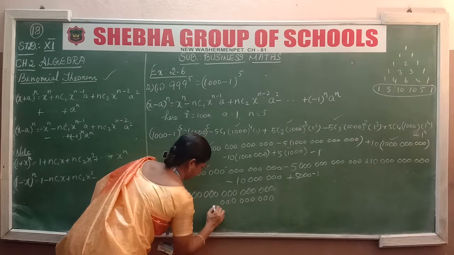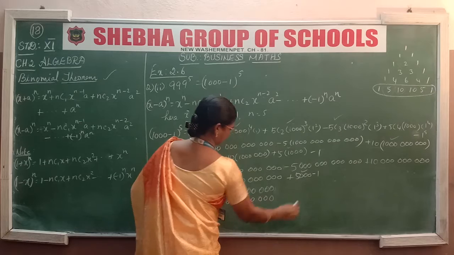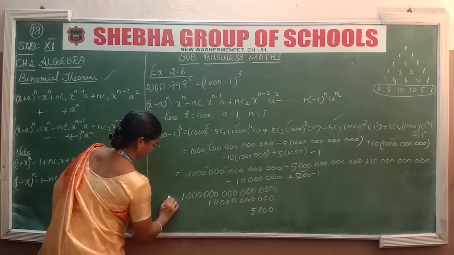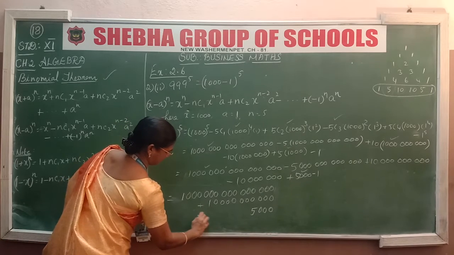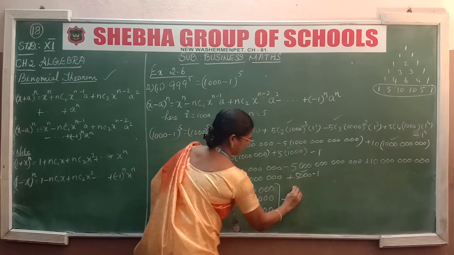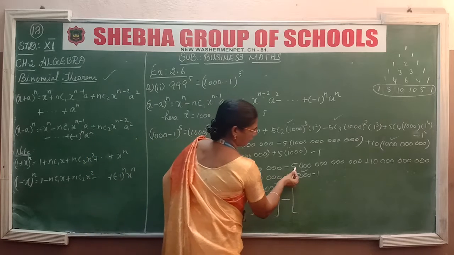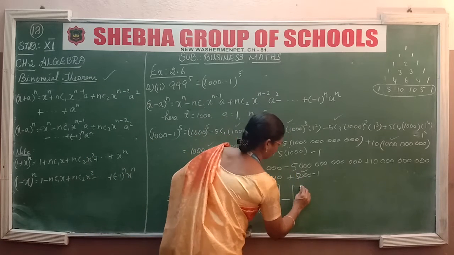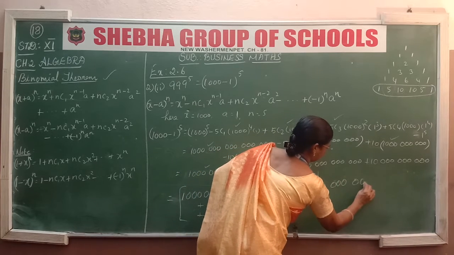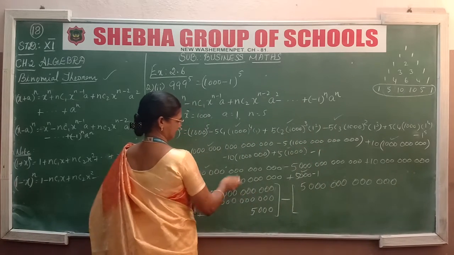Next positive one is 5,000. These are all plus. Adding this, now add the negative numbers. Negative, first one is 5 after how many zeros? 12 zeros: 3, 6, 9, 12. Next negative is this, that is 7 zeros.